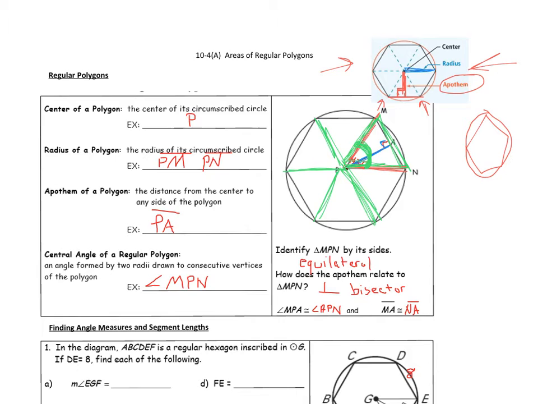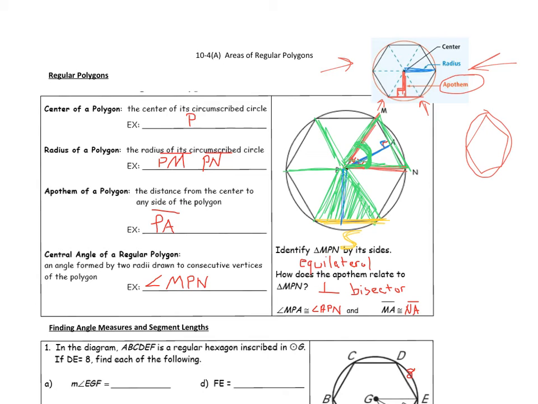So if I wanted to figure out the area of this polygon, I could just find the area of one of these triangles, and then I would just have to multiply that by how many sides there are. In other words, if you think of this yellow side as a side length, that would be like the base of a triangle.